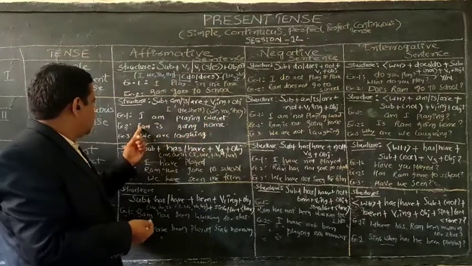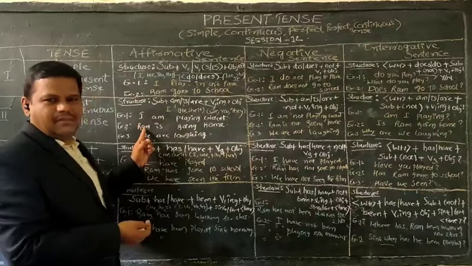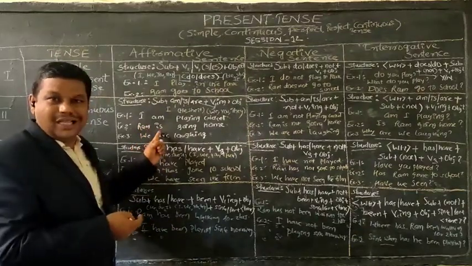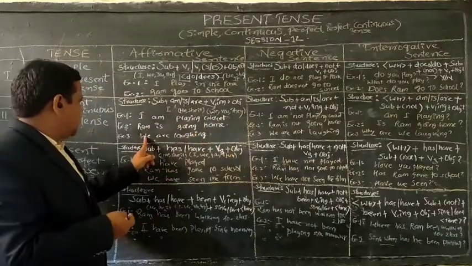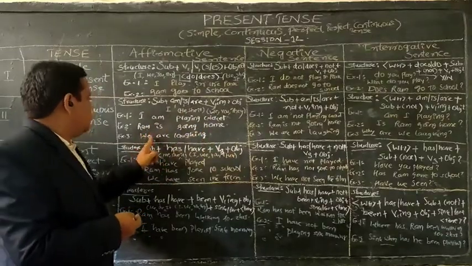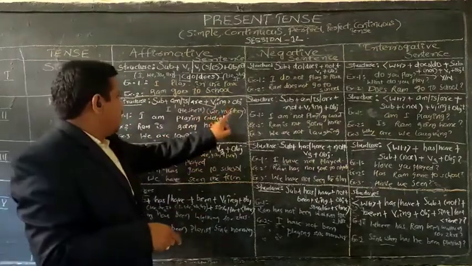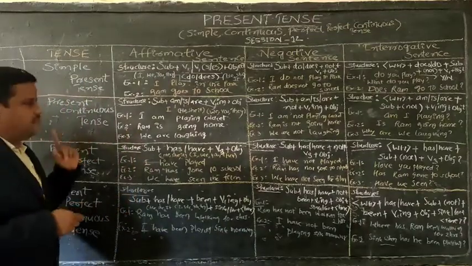When I use I, we should use am. Example number 2, Ram, the name of a person, third person singular, he, she use is: Ram is going home. Example number 3, we are laughing. That is plural, we should use are with we, you, they in the case of present continuous tense.